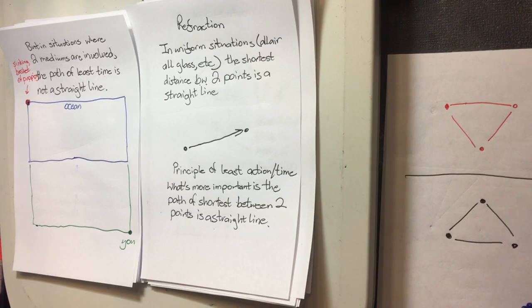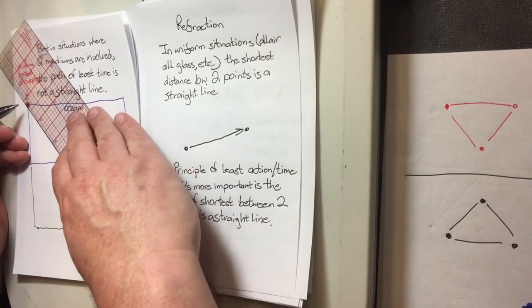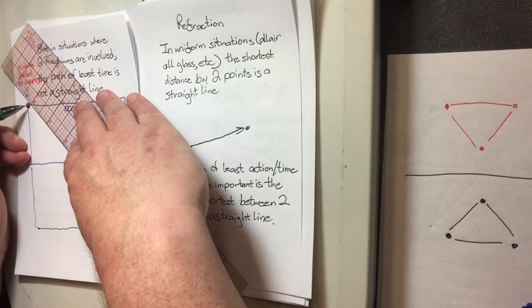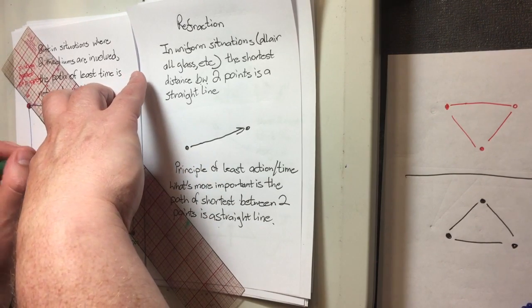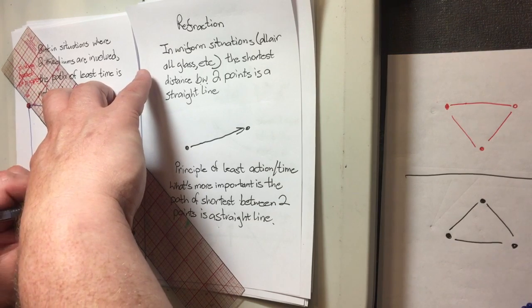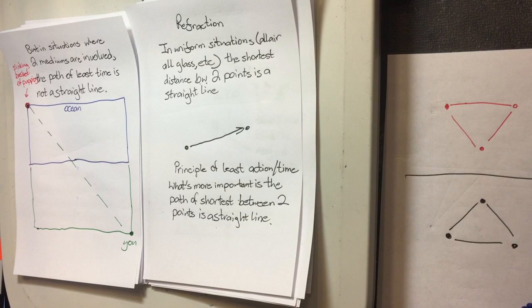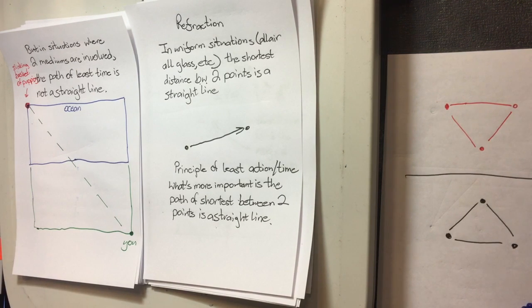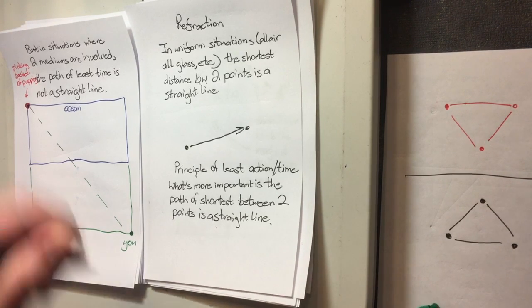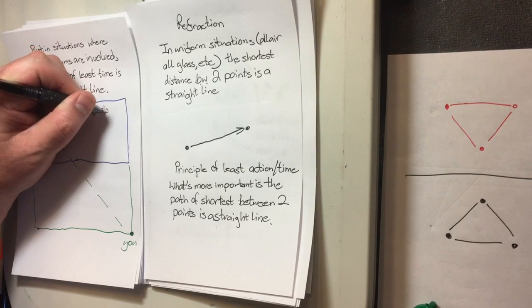Now you could choose the straight path, but that's not efficient, because in the ocean, the velocity is lower; you're slow.